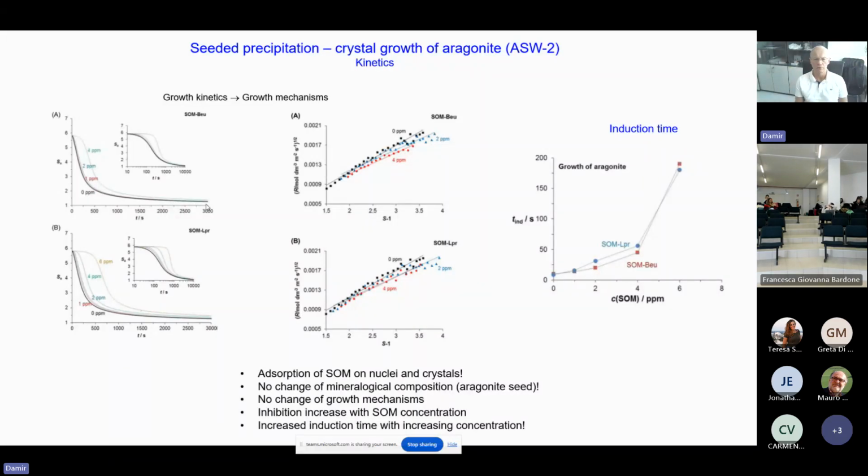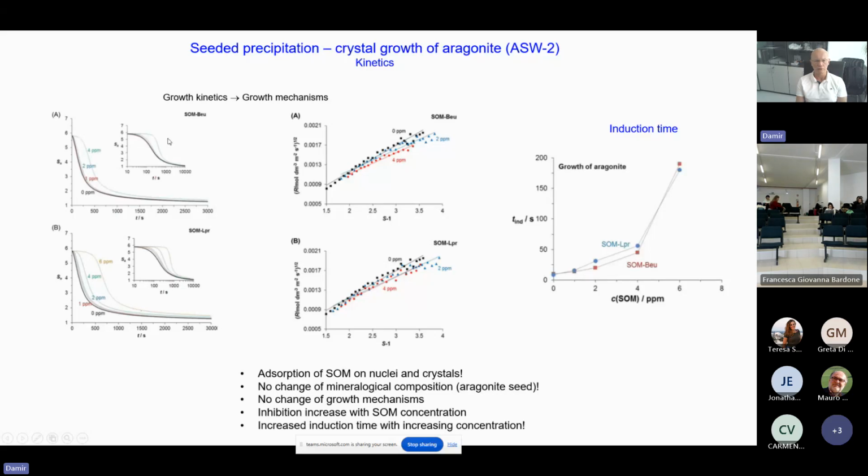So this shape of the crystals and also the observed induction time lead to the conclusion that adsorption on nuclei, but also on the crystals, occurs, adsorption of organic matter. We didn't observe any change in mineralogical composition, but we also found no change in the growth mechanism.